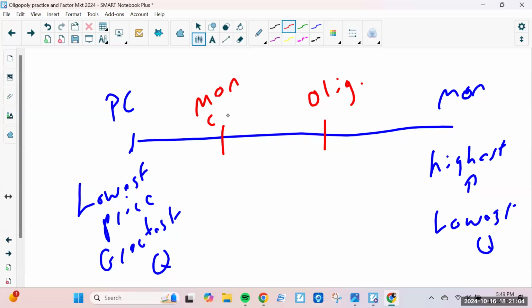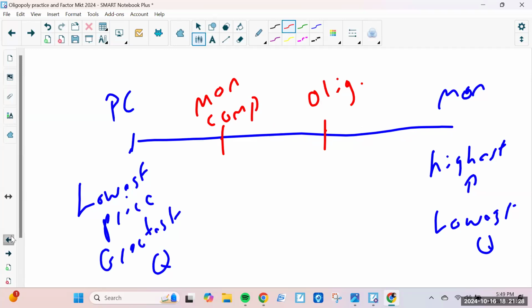competition. Now they're not spread out evenly like this, because you can have some companies that are more oligopolistic. Like if there's literally only 2 companies that produce something, they're going to be way over here close to monopoly. If there's 17 companies that produce something, they're going to be more over here towards monopolistic competition. So you've got this sliding scale, and it's based on the price and the quantity that they offer.